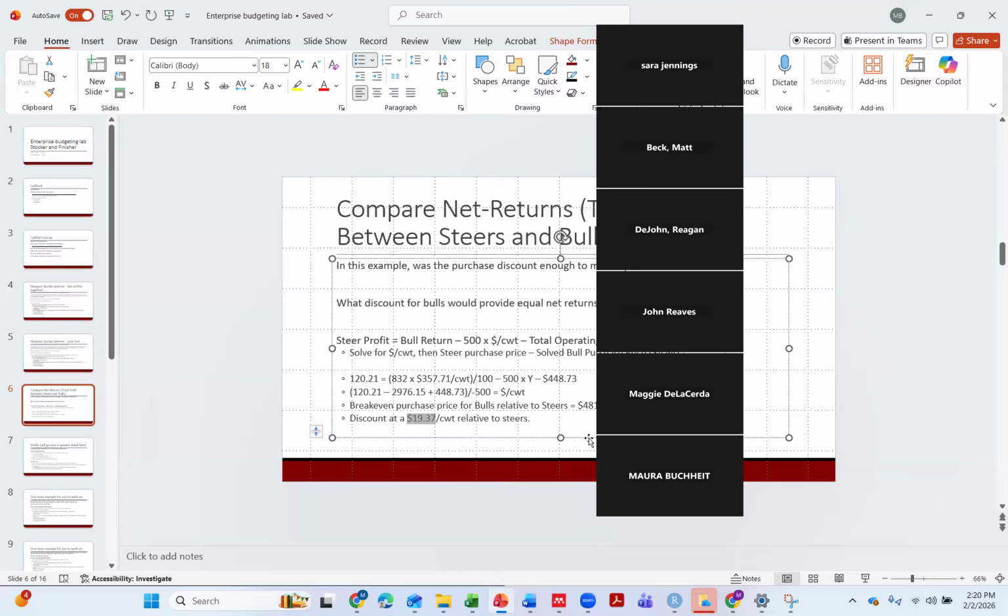But the thing that's really interesting to me, and this is not what we saw when we went through this exercise last year, is that bulls are receiving a much greater discount than what they need to break even relative to steers. So if you were to purchase a group of bulls and you saw the same health outcomes as we did in that Beck 2025 paper, you would make more money than if you were to buy steers today. And that is not what we saw last year. So it's kind of exciting to me.